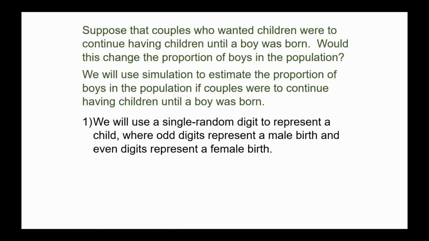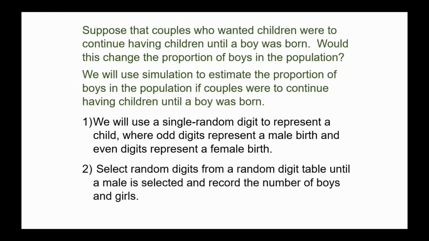So we're going to use a single random digit to represent a child. If it's an odd digit, then that's a male birth. Even digits represent female births. So we're going to select random digits from a random digit table until a male is selected, and then record the number of boys and girls.